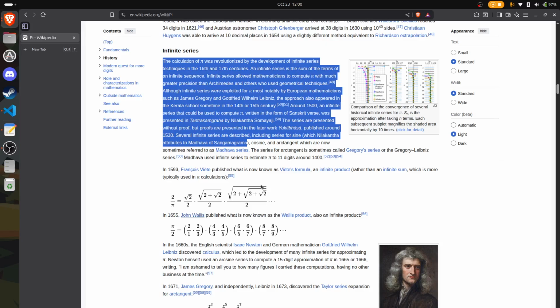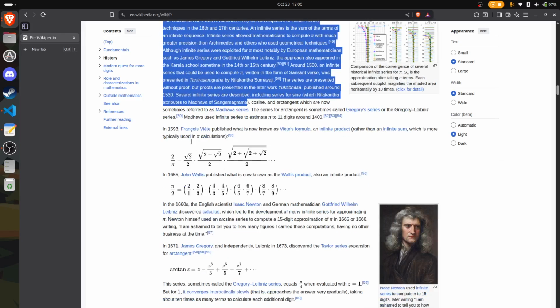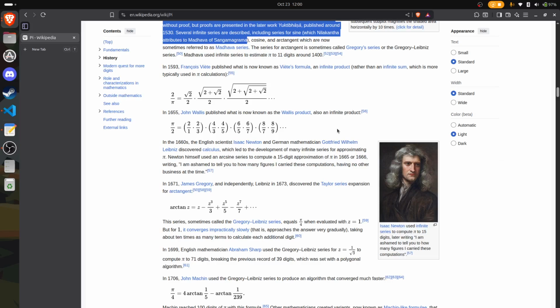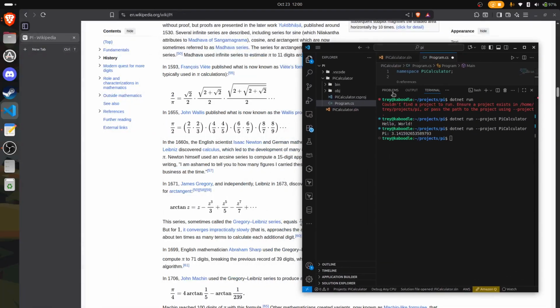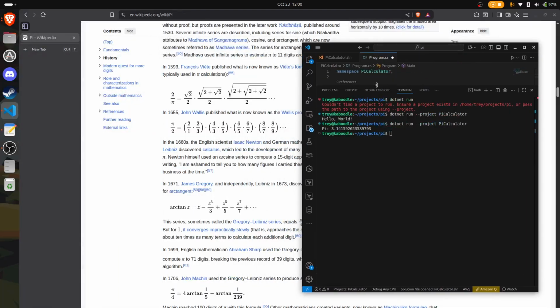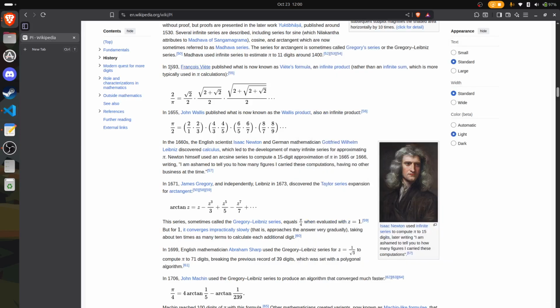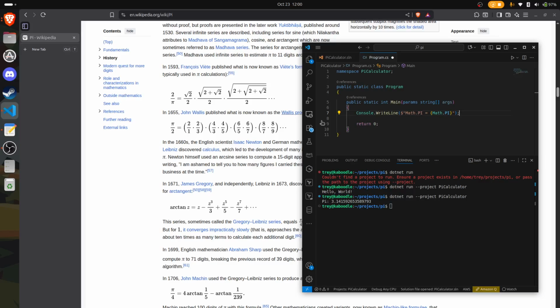Let's see, how would you represent that with a C# program? But let's try representing this. Of course, it's not the best algorithm because it's from 1593. A lot of other algorithms have come out since then, but it's something to start with.